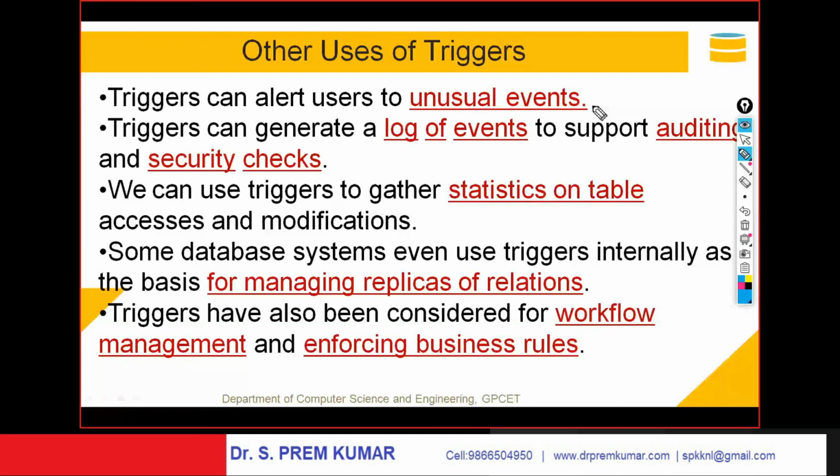You can develop a code in such a fashion that outside of banking time, if anyone touches the computer or the database, the trigger gets activated and alarms you. So to track unusual events, you can create triggers.